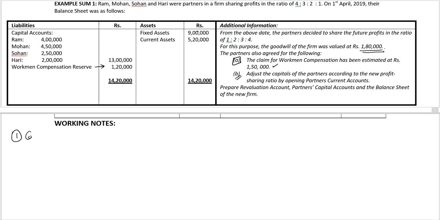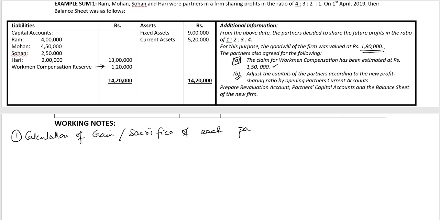Working note 1, calculation of gain or sacrifice of each partner. The OPSR is 4:3:2:1 and the NPSR is 1:2:3:4.